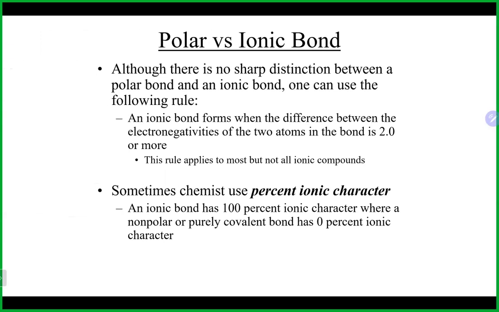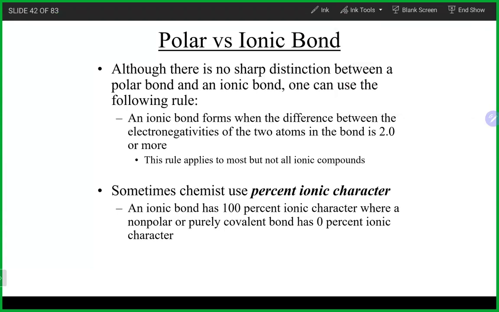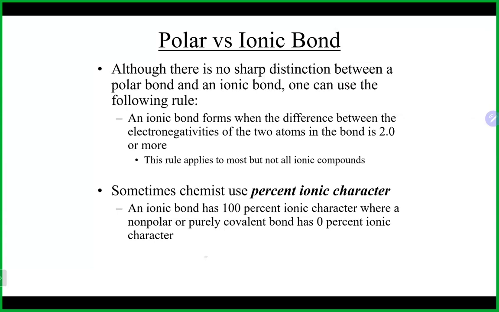Not often outside of the book, but people sometimes identify bonds by percent ionic character rather than polar, nonpolar, or ionic. An ionic bond is basically 100% ionic character.